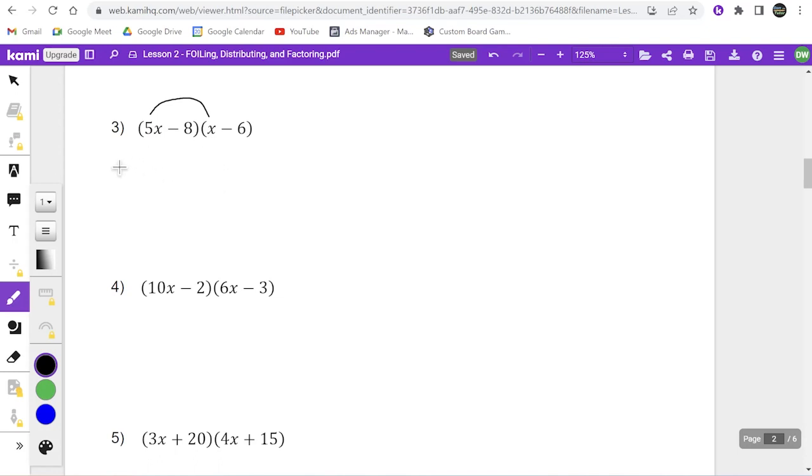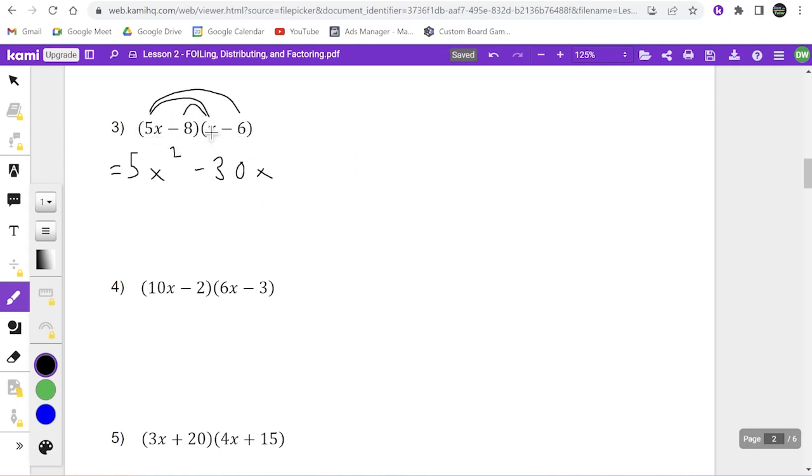5x times x. Remember what we just said before. Multiply the x's and the number 5 separately. In other words, x times x is x squared, and the 5 just goes out in front like that. So 5x squared is our first number. Now outer, 5x times minus 6. Well, 5 times 6, that's negative 30, because it's negative 6. So negative 30, and then just bring the x along. So negative 30x.